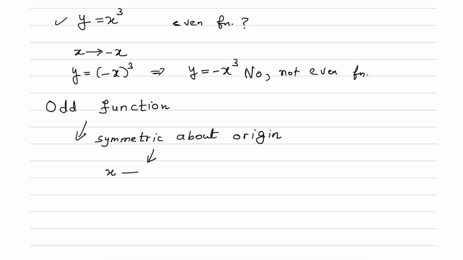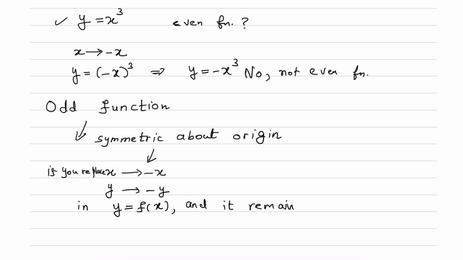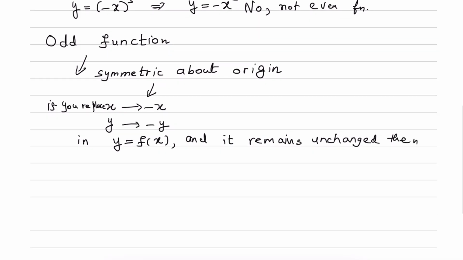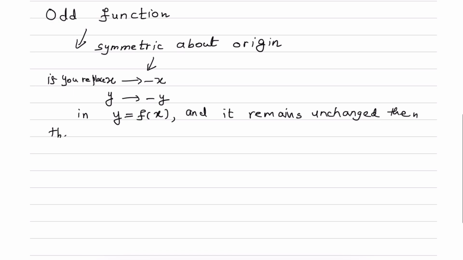If you replace x by minus x and y by minus y in the graph y equal to f of x, and it remains unchanged, then the graph is called symmetric about origin.